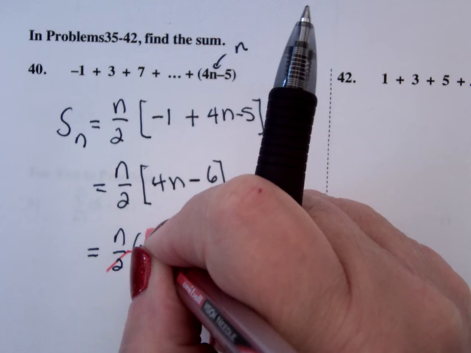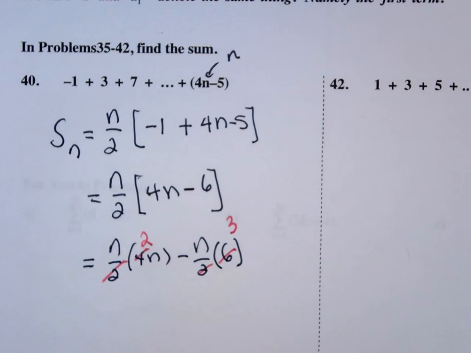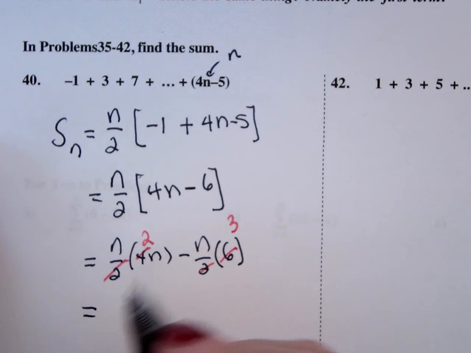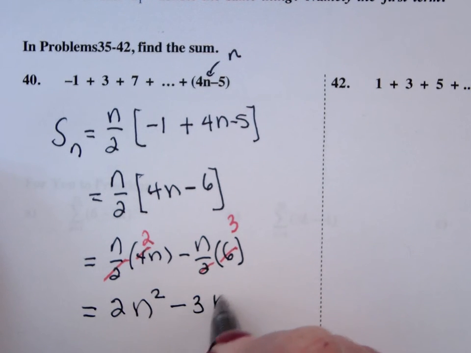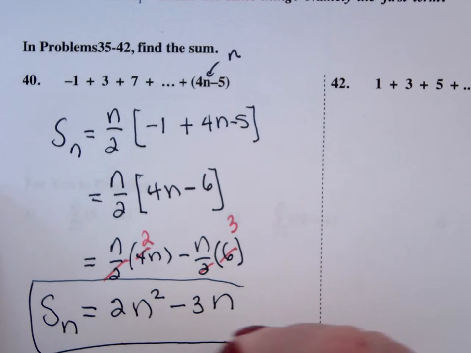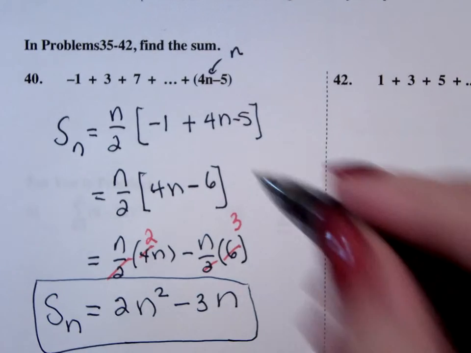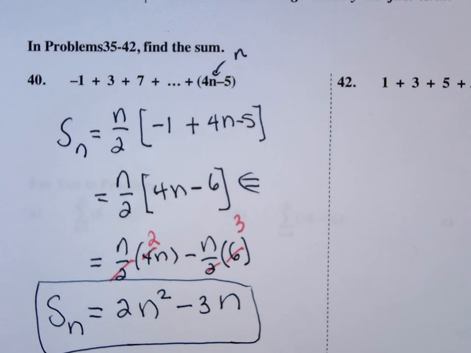This becomes a 2. This becomes a 3. The formula that you would see is 2n squared minus 3n is the sum of the first n terms. I'd take this guy. Man, I don't care. Well, it's going to be in the multiple choice section, so it's going to be whatever is there.